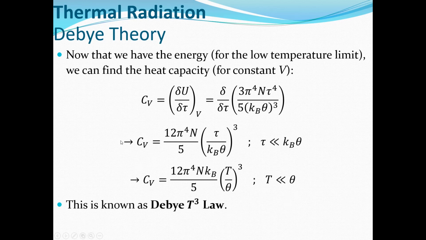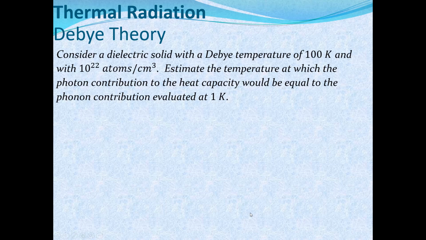This relationship that the heat capacity is proportional to the temperature cubed is sometimes called the Debye T cubed law. All right, so pause video, work on this stuff, and we'll go over it in a second.